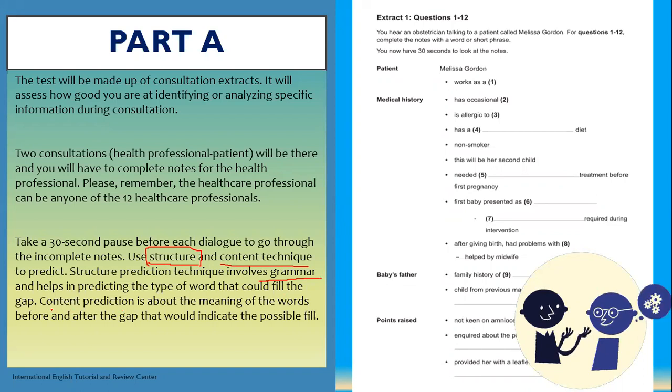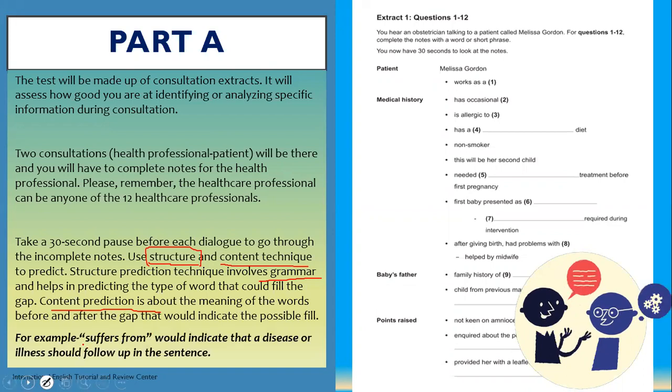Content prediction is about the meaning of the words before and after the gap that would indicate the possible answer. For example, if it says "suffers from," that means a disease or illness should follow in the sentence. So most likely, you will be supplying the name of a particular disease or illness in that question.